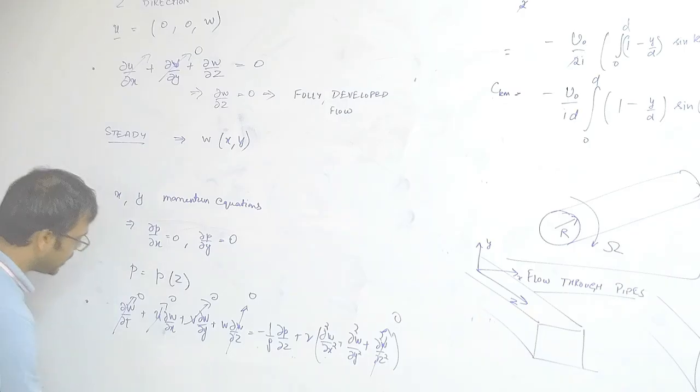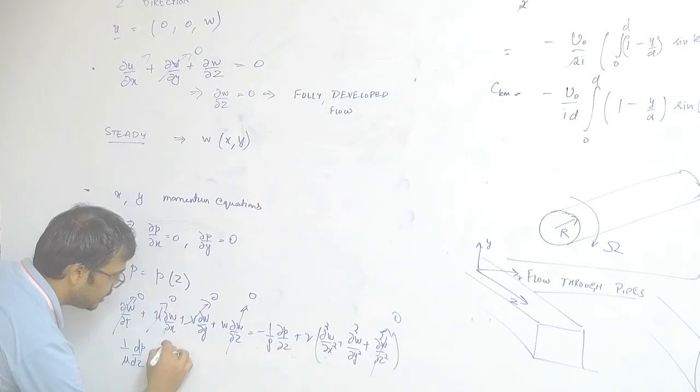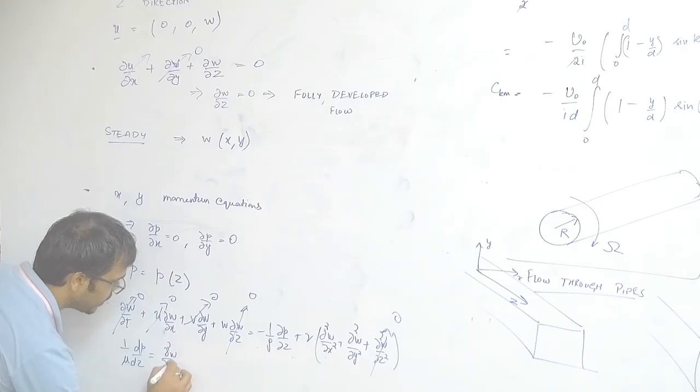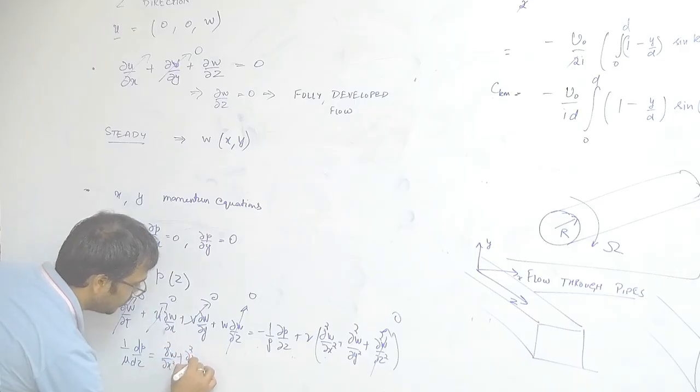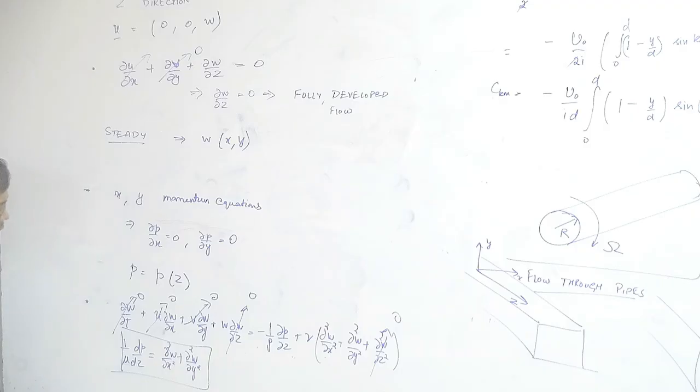So eventually we get that 1 by mu dp dz equals del 2 w over del x square plus del 2 w over del y square. So this is particularly in your Cartesian coordinates, okay.